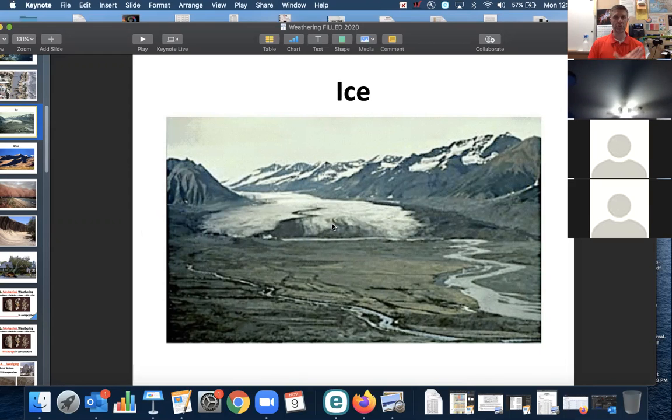So it's a much smoother type of valley as it just plows down these valleys. Anything sticking out is basically bulldozed out of the way or ground down by the ice and the other rock and sediment that the ice is moving. So it leaves you with a much smoother U-shaped valley instead of a sharper V-shape.